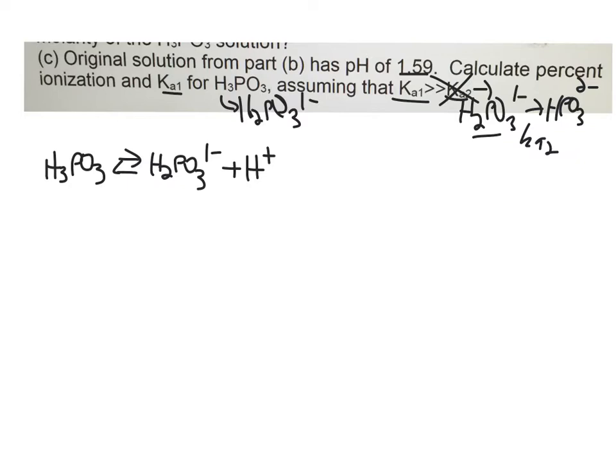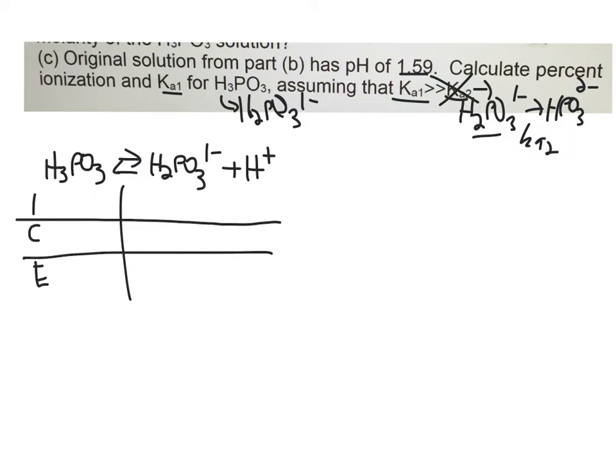So if you want to find out percent ionization, you're going to need an ICE box chart where, don't forget, you keep things that you need, keep things that you don't need. Now, I should have told you, obviously, that these are all aqueous in solution, so I think you have to keep everything here.